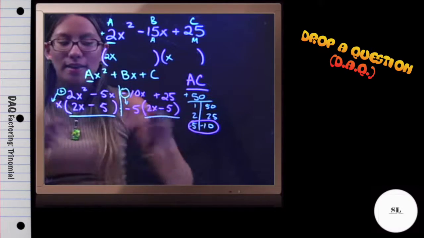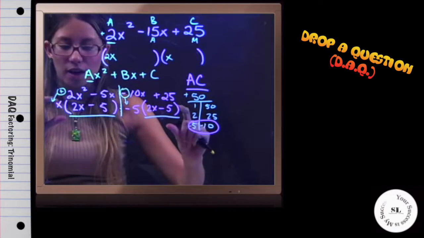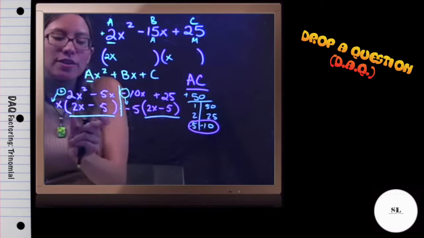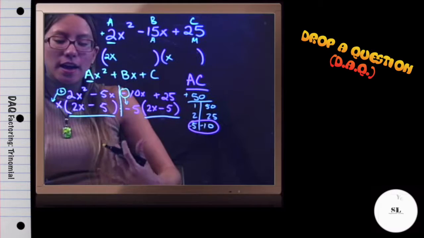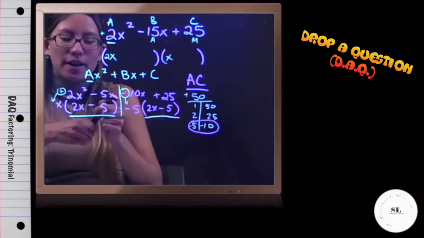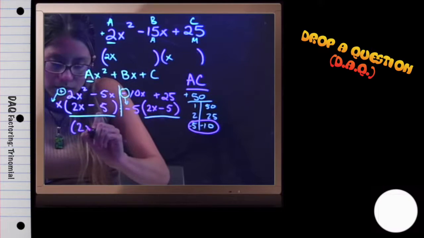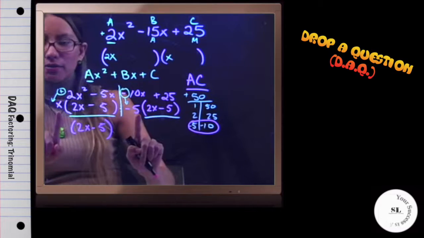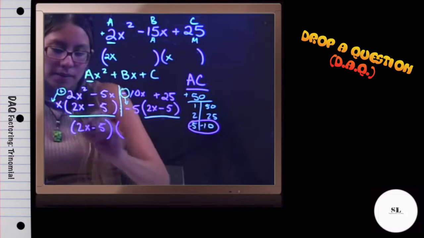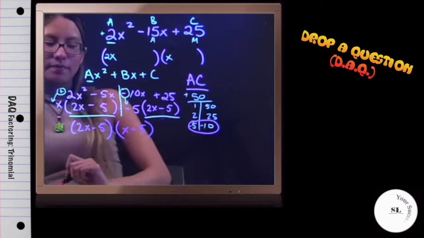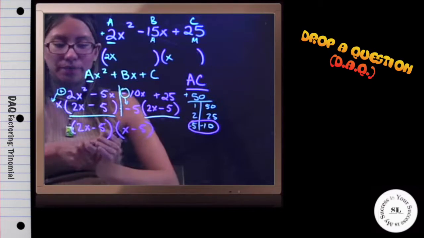Believe it or not, this line has a group in common, and it has this group in common, which means we can factor that group out. When you're factoring out a group, you take the whole group out, so 2x minus 5, and whatever's left over is what's being multiplied in the front. So it's a positive x and a negative 5. Minus 5. And this will be our final answer.